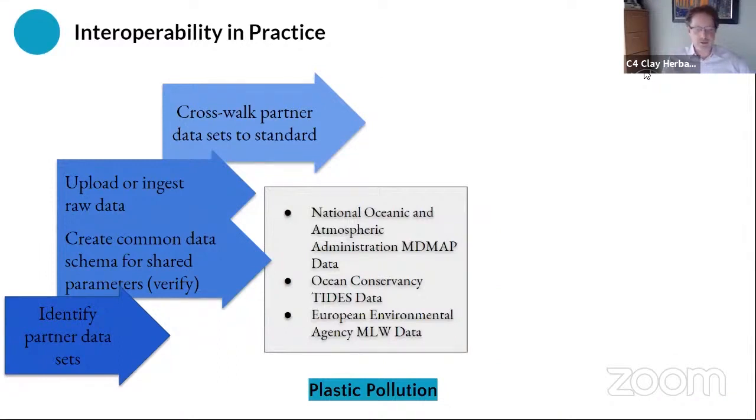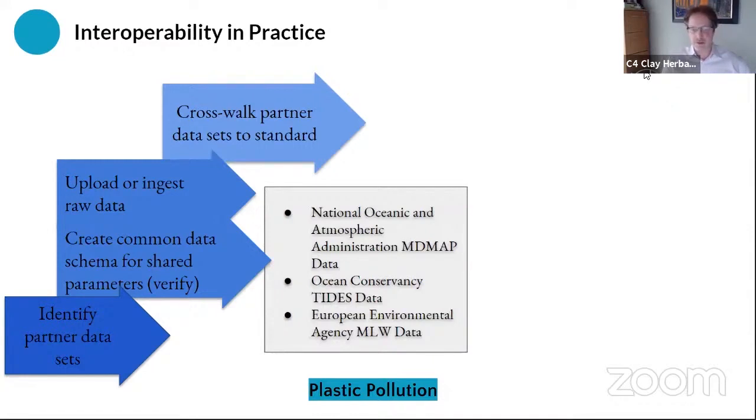So how do we get to a point where we have interoperable data that we can then share through our data catalog and through our mapping? The first thing we do is identify partner data sets. As you saw, we were mapping plastics. We had 3 different data sets as well as our application that we're pulling data from.